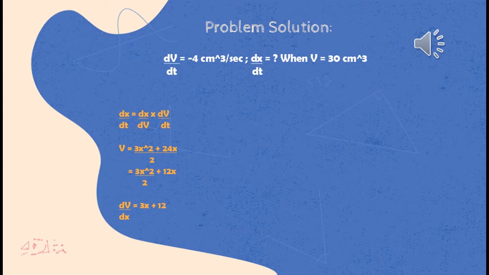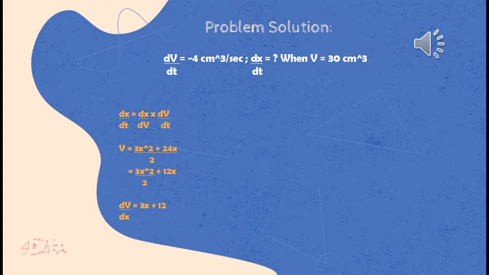From the question also, the volume given is (3x squared plus 24x) divided by 2. Then we simplify the equation of volume, and we get 3 over 2 x squared plus 12x. Now we differentiate the volume to get dV over dx, which is 3x plus 12.